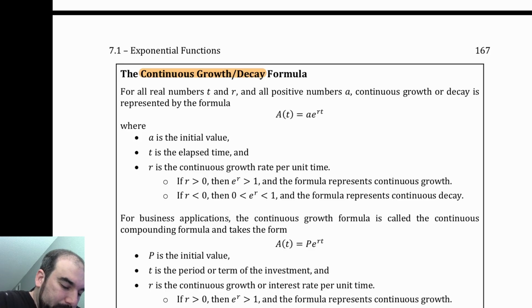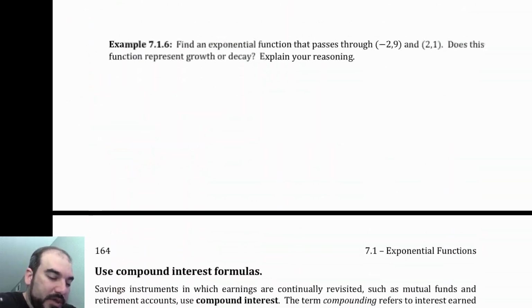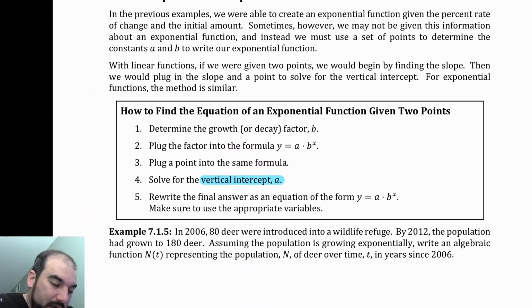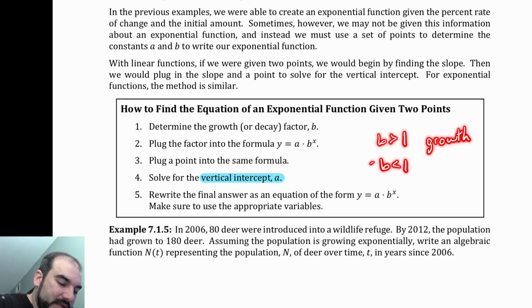Now, when we talked about whether an exponential function was growth or decay, we said it totally depended on this b value, right? If b was bigger than 1, then it was growth. If b was between 0 and 1, then it was decay.